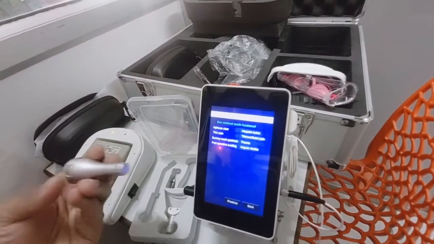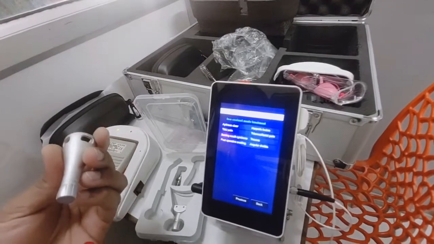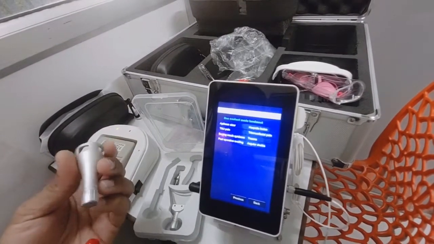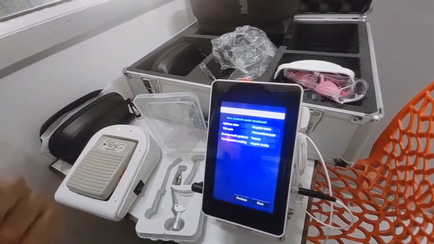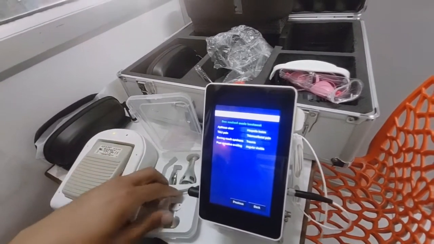And this tip is also used for pain management, extra oral pain management like TMJ pain, back pain, and knee pain. All these pains are also treated by the laser.